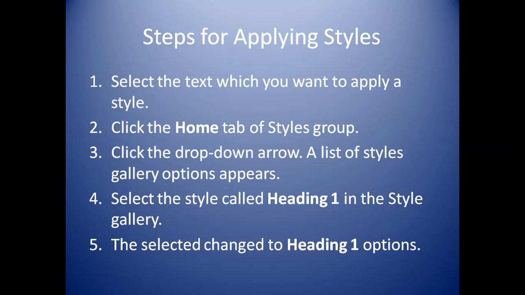Click the drop down arrow. A list of styles gallery options appears. Step 4. Select the style called heading 1 in the style gallery. Step 5. The selected text changed to heading 1 options. These are the steps for applying styles on a text or document.